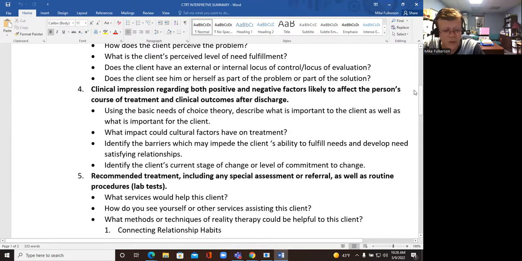There's the pre-contemplative stage of change, where the client is like, I don't want to be here, you can't help me, and is oftentimes referred by the courts or someone else, a third person has referred them. There's the contemplative stage of change, where the clients recognize there's a problem, but they're not sure if they have the skills or if it's possible that change can happen.